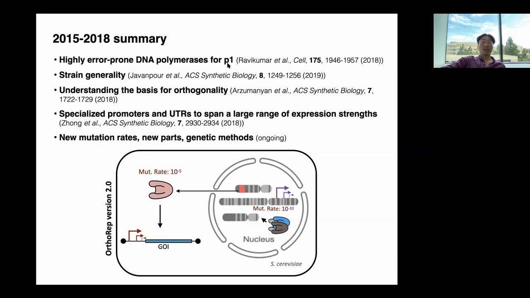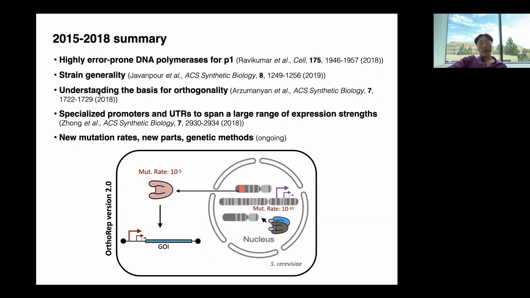So we spent a big effort to engineer this orthogonal DNA polymerase to be highly mutagenic. And now we have it at around 10 to the minus 5 mutation rate, and we're working to get it to be even faster. But this is a pretty good mutation rate for already doing some significant protein evolution experiments.